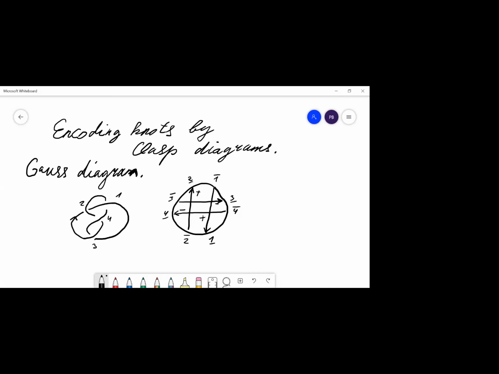And then we're going to show that there is a finite set of moves that allows us to represent by a Clasp diagram each isotopy class of nodes, and that will ensure that we can get a node in an isotopy class only from Clasp diagrams which can be transformed into each other by a finite sequence of moves from this finite set.